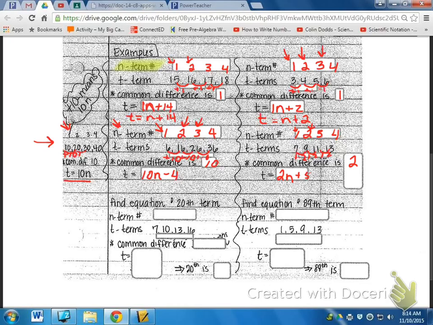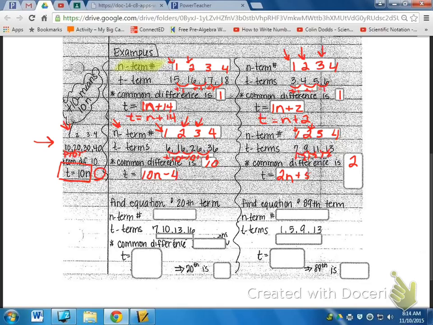And when you put 2 in for n, 10 times 2, you get 20. So you don't add anything on the end of that if that happens. It's just t equals 10n. And you might have some like that where you don't add or subtract anything. Okay? That can happen. Do you understand the difference between that one and what we did on the other ones? Like you have the number once you plug in the n.